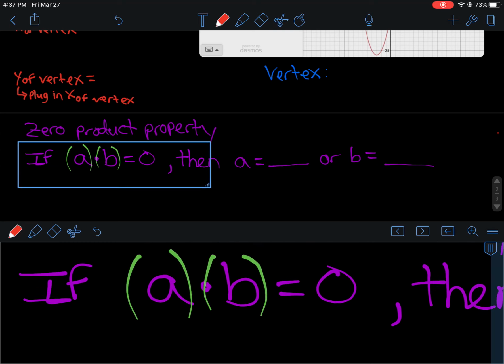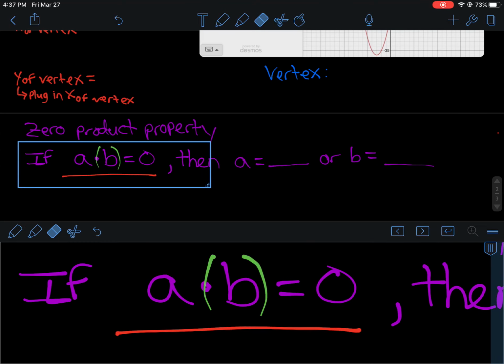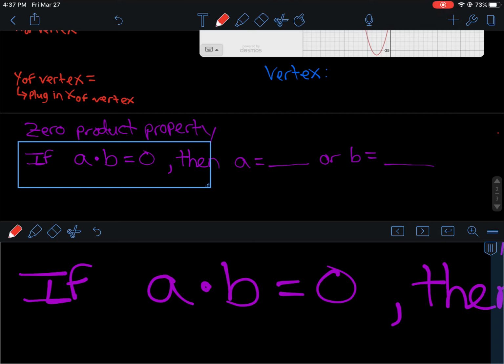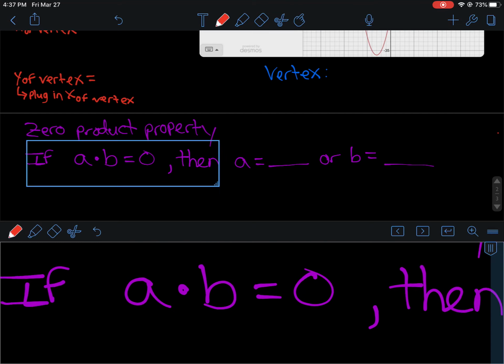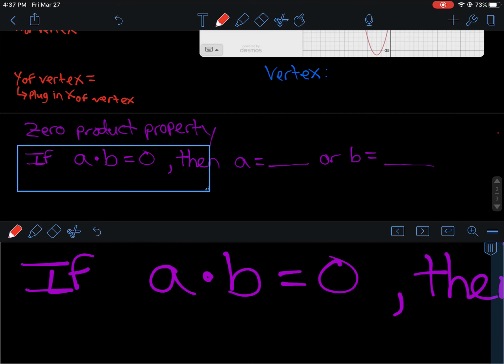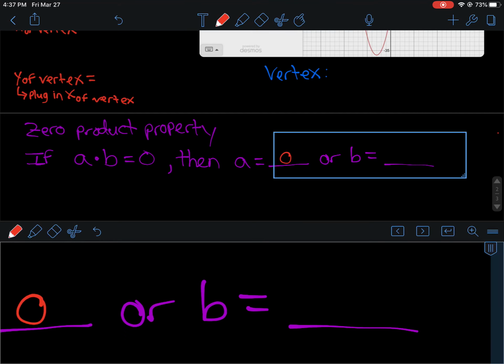So let's say you have A times B, and I'll put parentheses around it. You have A times B equals 0. Then you know exactly what A or B is. One of them has to be 0. So if this is true, then A is 0 or B is 0.